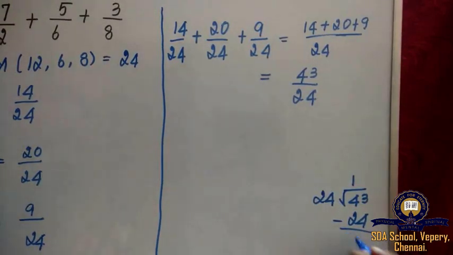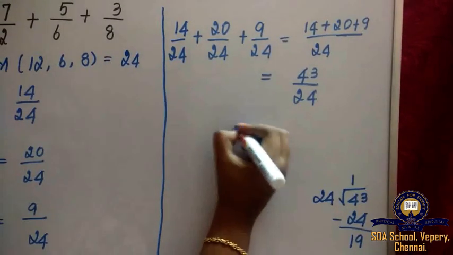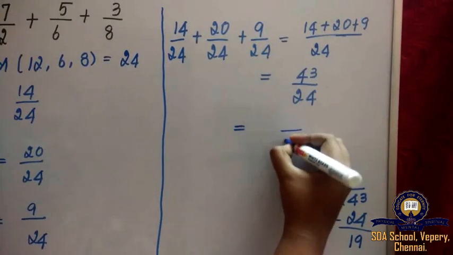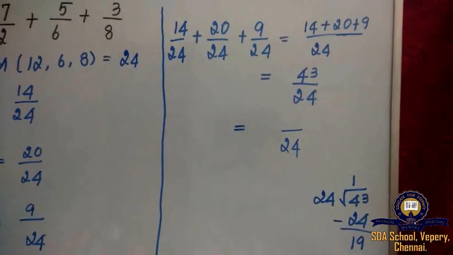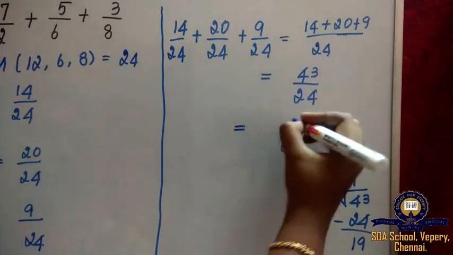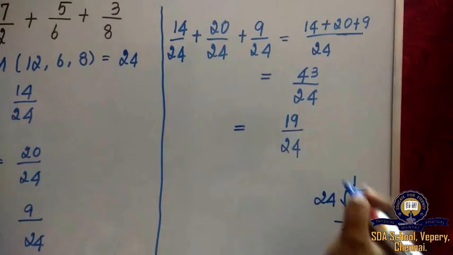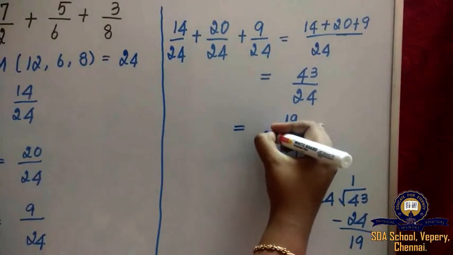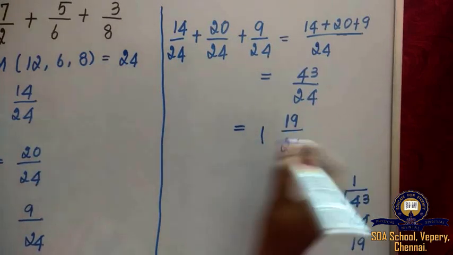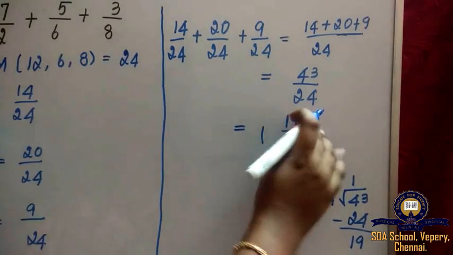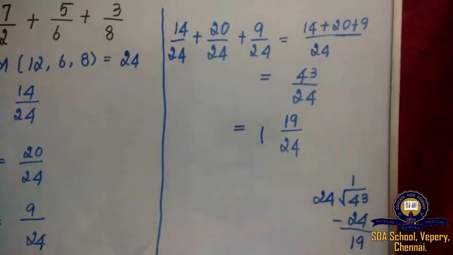The balance we will get is 19. So the remainder will be the numerator and the quotient should be written at the side. So it is 1 19 by 24.